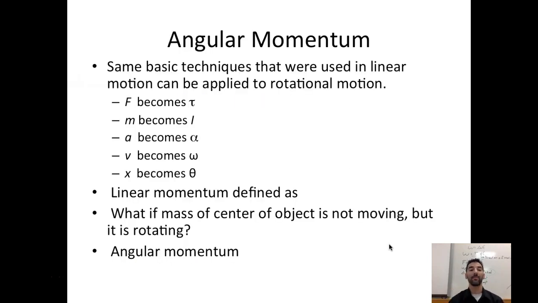So I began to build this whole language. We have our language of translational motion: force, mass, acceleration, velocity, and distance. Well, we have our rotational analogies. We have torque as our force, moment of inertia, I, as our mass, alpha as our rotational acceleration. We have a rotational velocity, we have a rotational displacement in theta.